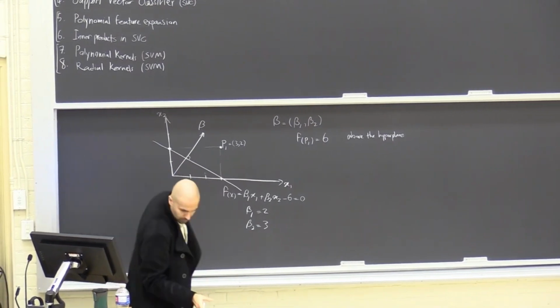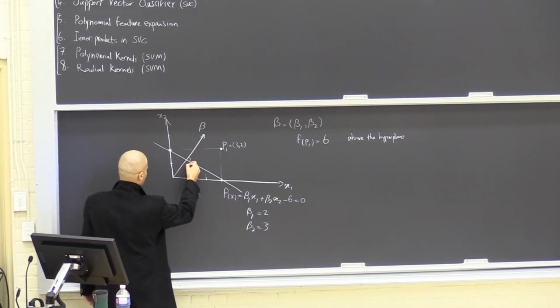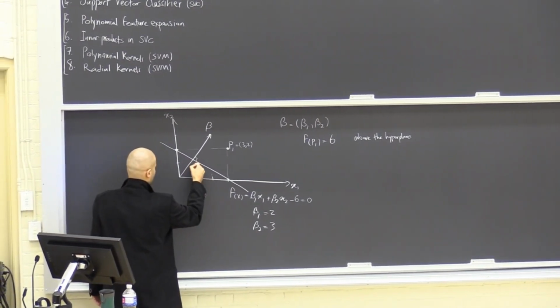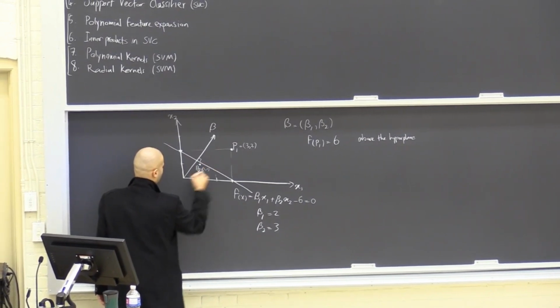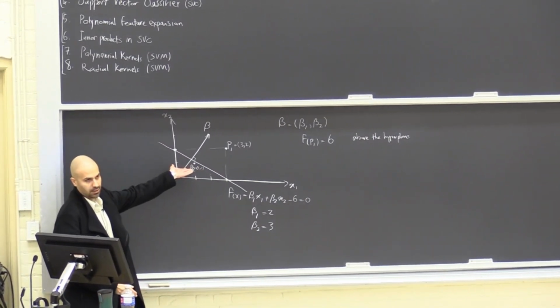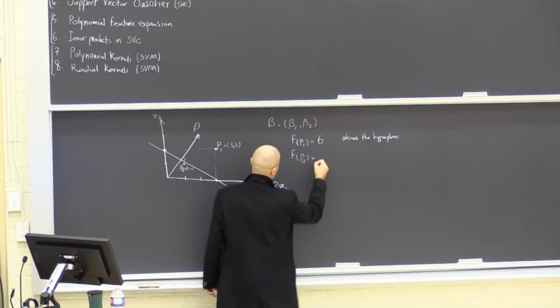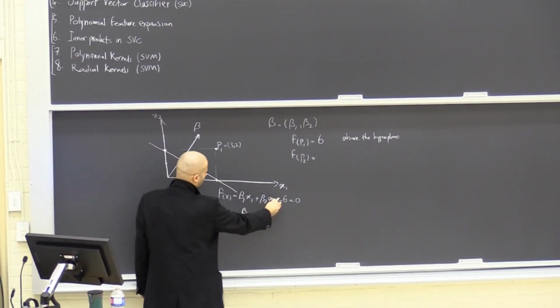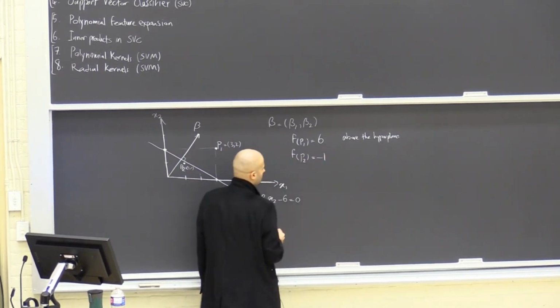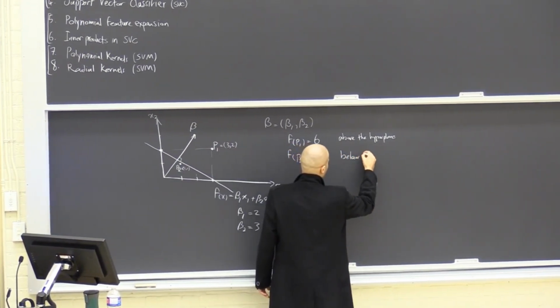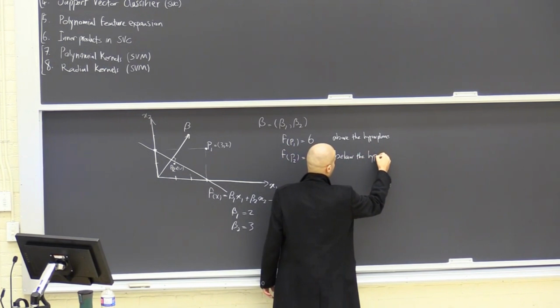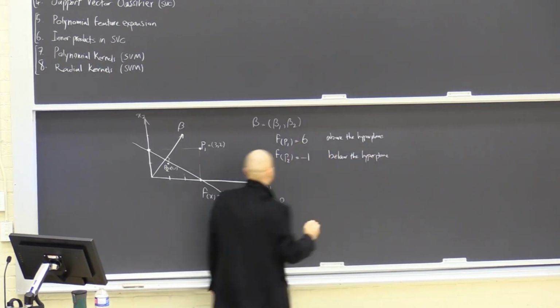Then another point, if we try 1 and 1, this is P2, which is 1 and 1. We can see geometrically that it is below the line. And if we look at the value of the function for P2, it would be 2 plus 3 minus 6, so it's minus 1. And it's below the hyperplane. So the idea is very simple, as you can see.